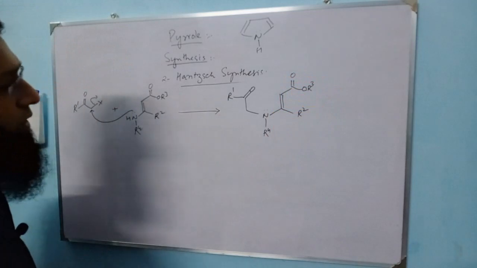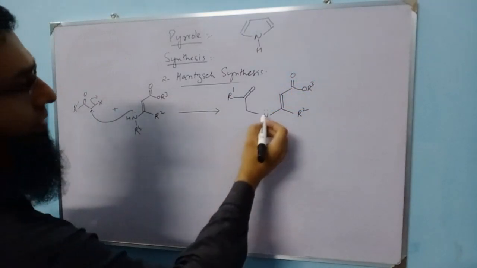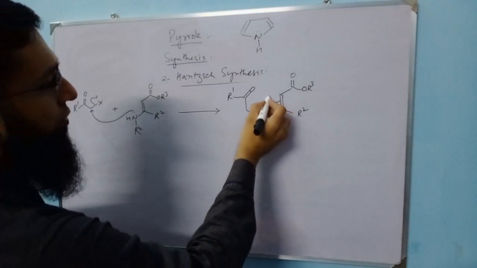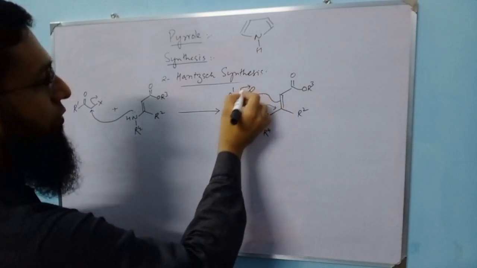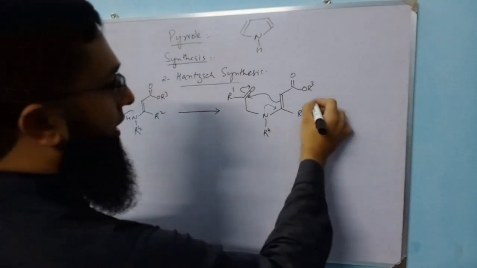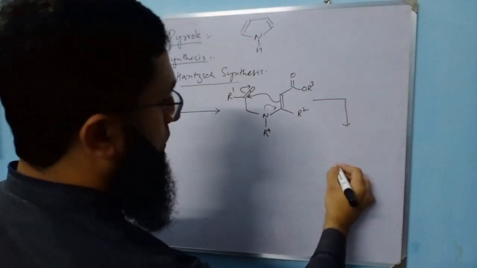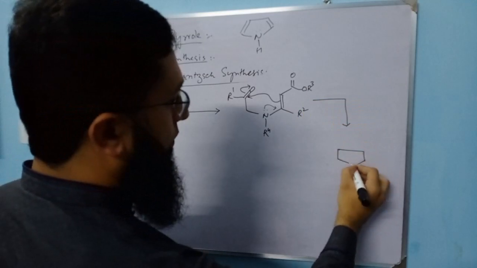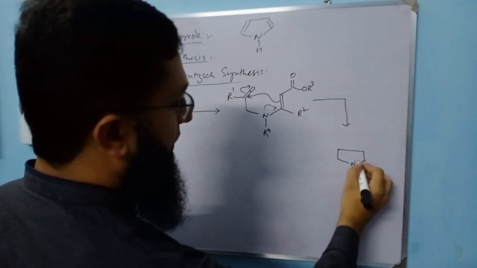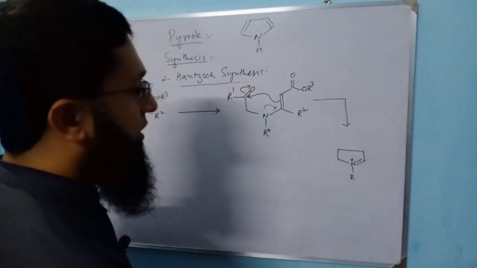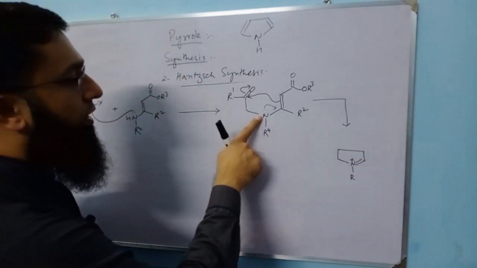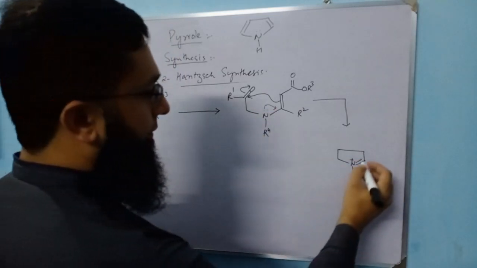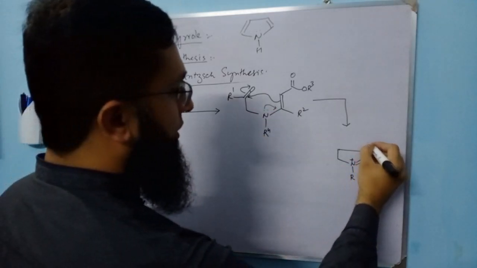This intermediate, and in this case it will shift electron here. This electron would attack on this carbonyl, this bond would break, oxygen would get negative charge. Nitrogen would get positive once again because it was in neutral condition, it donated its electrons, and now it would get positive charge.